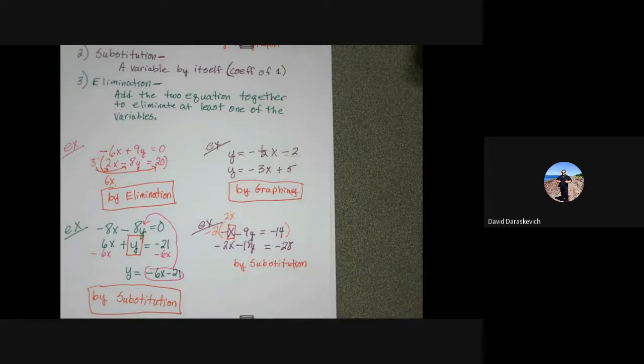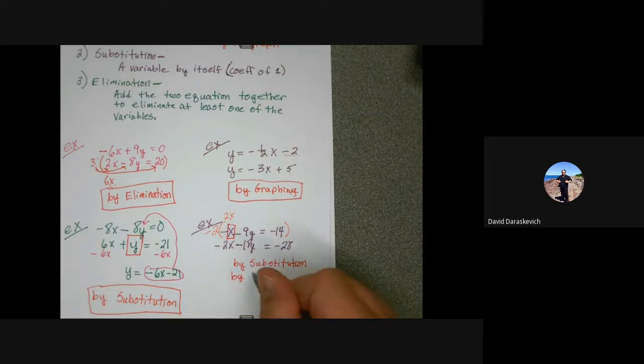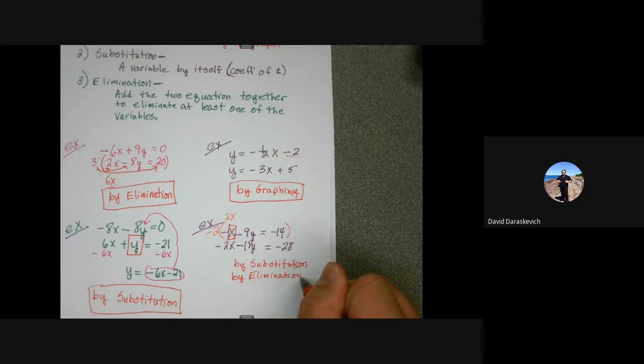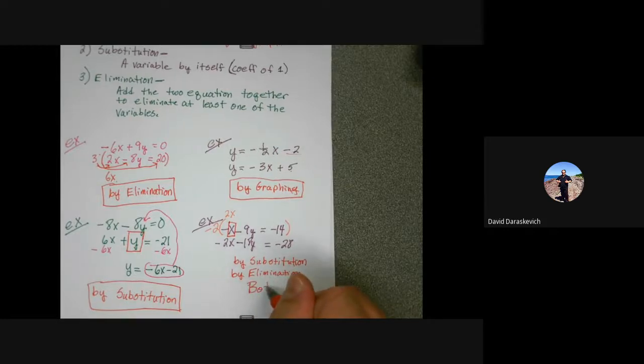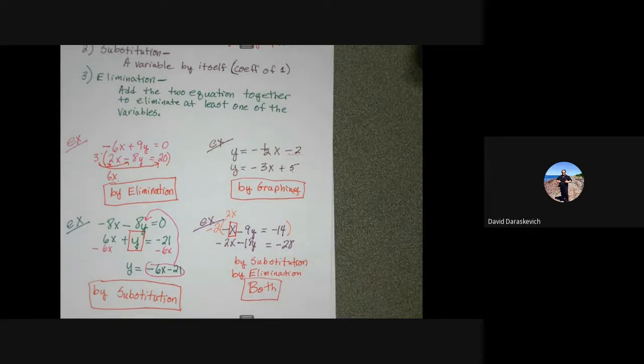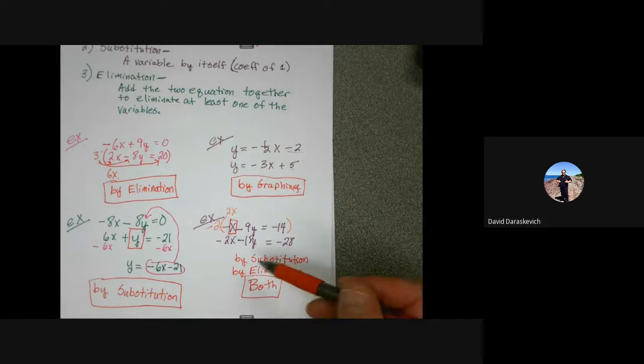So it could also be by elimination. So technically, this one you could use both, either, however you want to say it. You could even put by substitution or elimination.